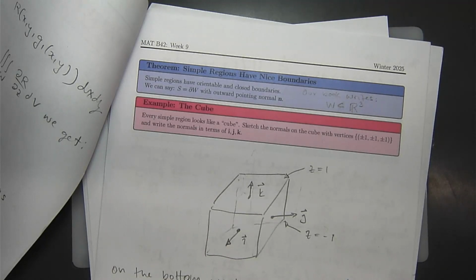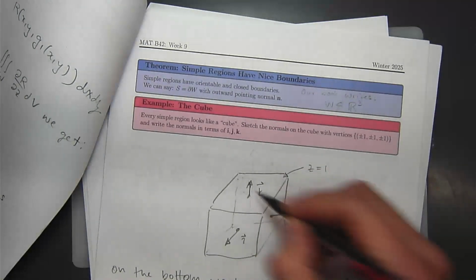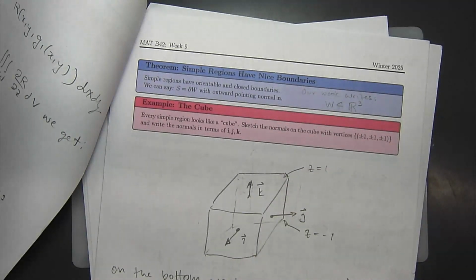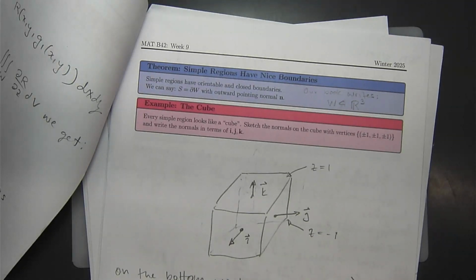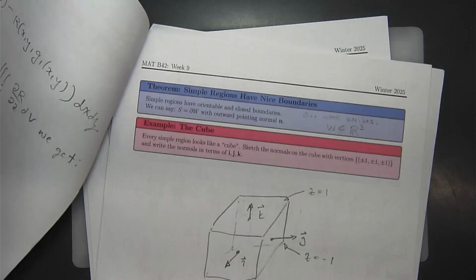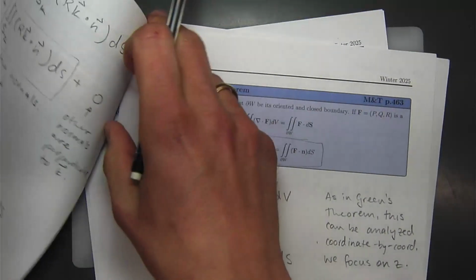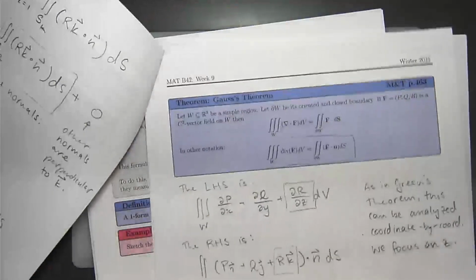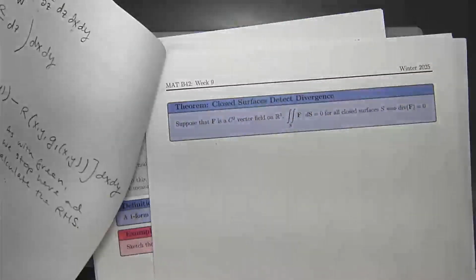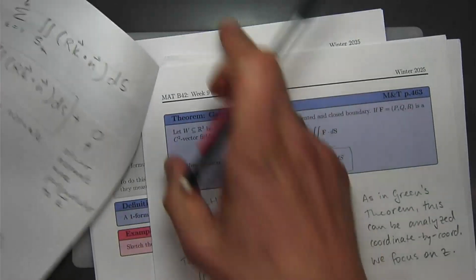Notice with this example of a cube, opposite faces have normals pointing in opposite directions. Here on the top of the cube, our normal is pointing upwards in the direction k. On the bottom, we have a normal pointing downwards, direction negative k. This tripped some people up during the proof.